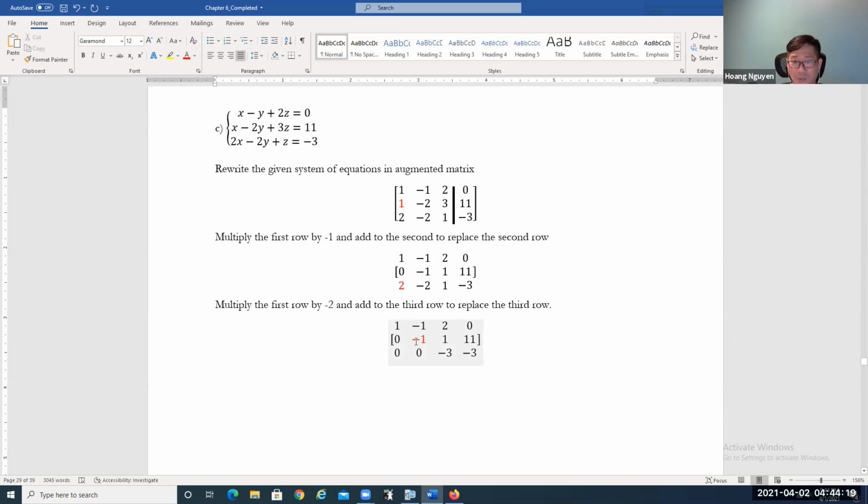So this is a -1, so you can divide by -1 or multiply by -1 to make this coefficient equal +1. So I will multiply the second row by -1 to replace the second row.